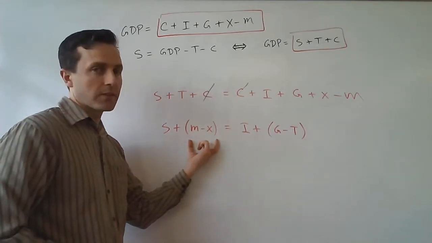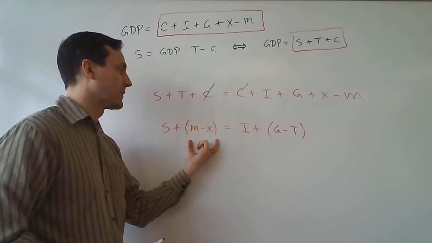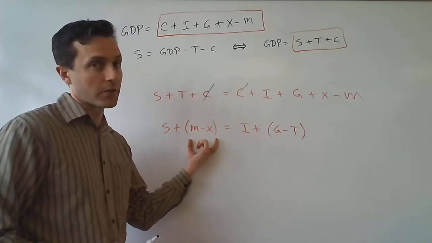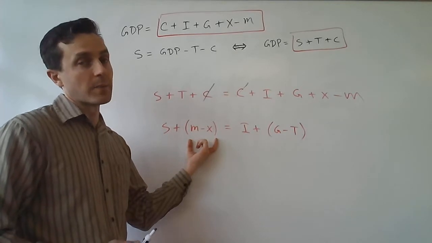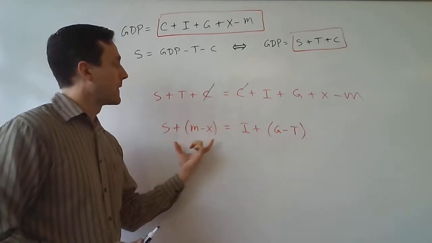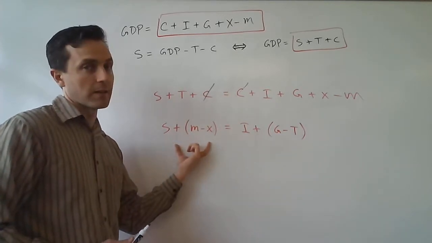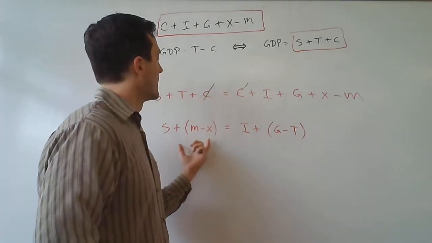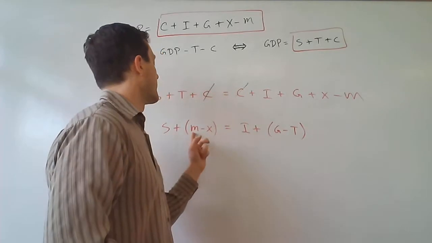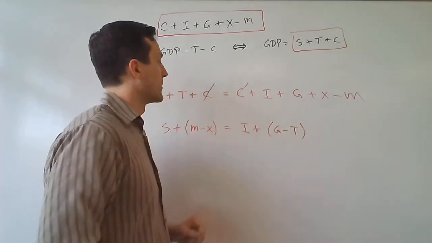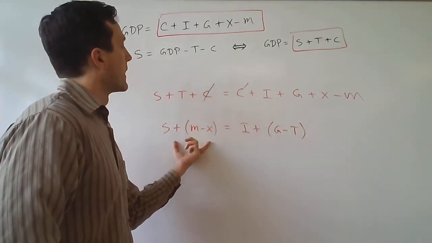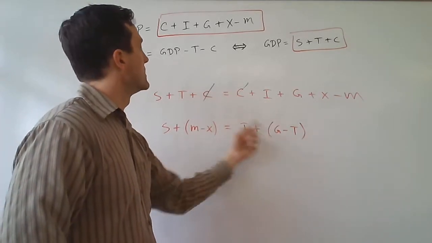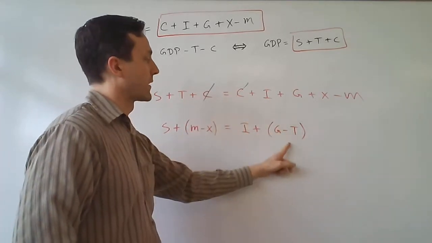We like to put the deficit over on the left-hand side with savings because the trade deficit is also equal to the net supply of financial capital from abroad, and together with savings, that represents the supply of financial capital, right? Total supply of financial capital. So we add M and subtract X from both sides, right? And which means that we're left with I plus G, and then we subtract T from both sides, right?